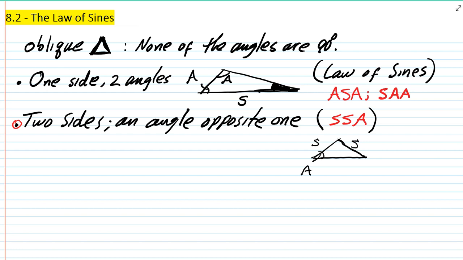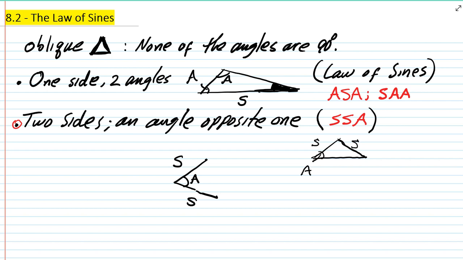Now there are two other cases that we'll take on in the next section. That's if we have two sides and an angle included between them. Notice the difference: I have a side, and the angle is included.